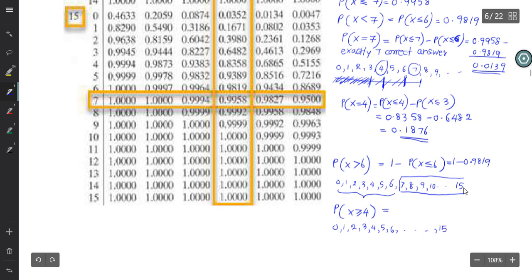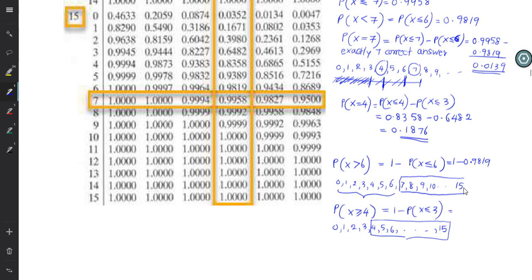You need everything from 4 and above, so you need 4, 5, 6 up to 15. Now what is your complement? 0 up to 3. So where's 3? Here's 3, 0.6482. So you do 1 minus 0.6482. I hope this is very clear to all of you.